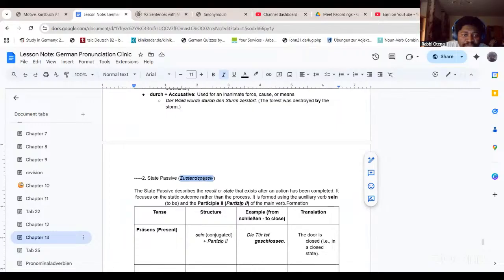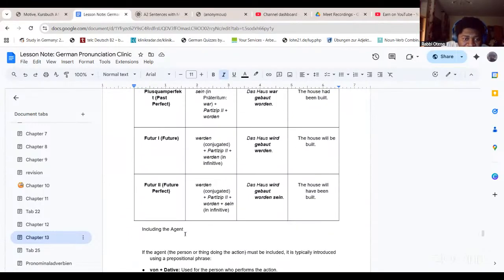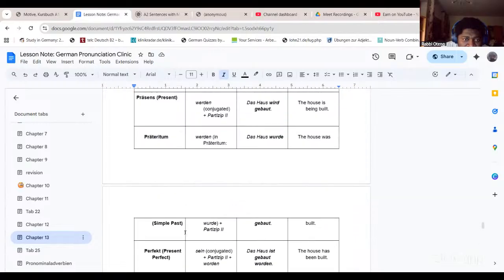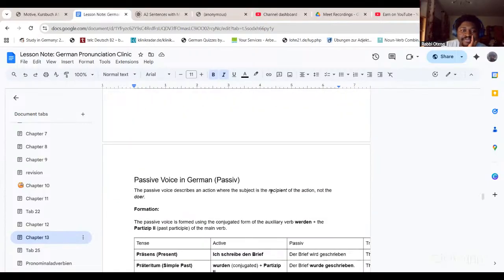So the Zustand passive is the one with the sign. And the other one is the action, the Vorgangspassiv. I just wanted the name Vorgangspassiv.